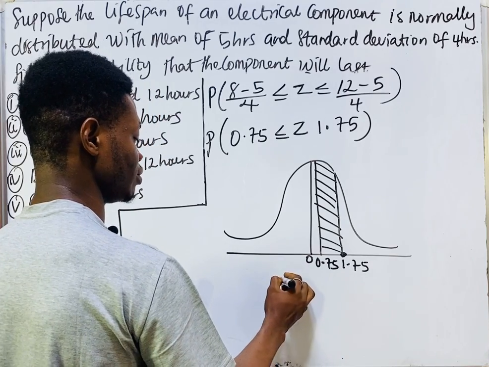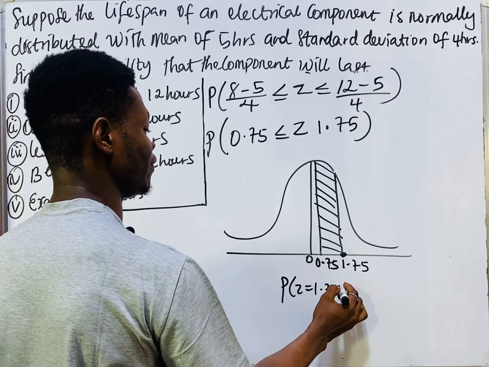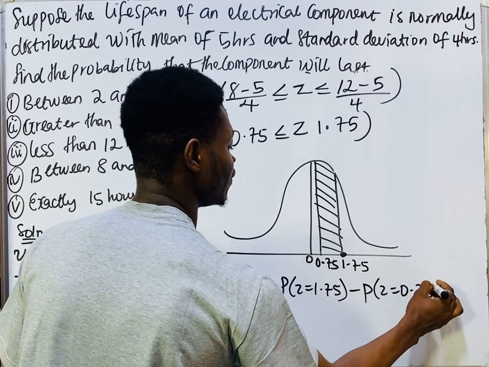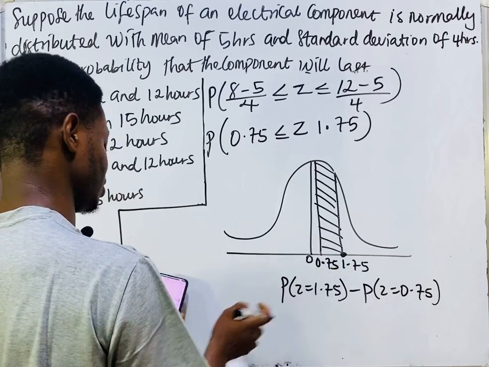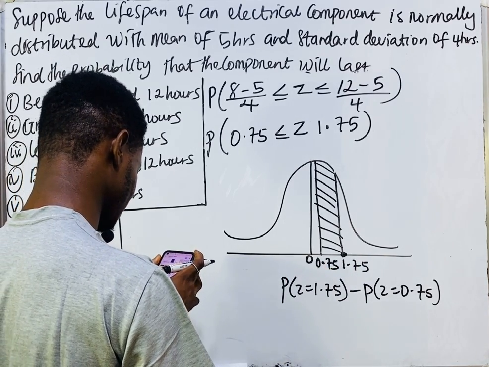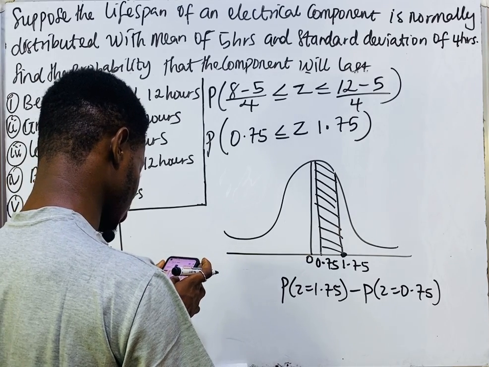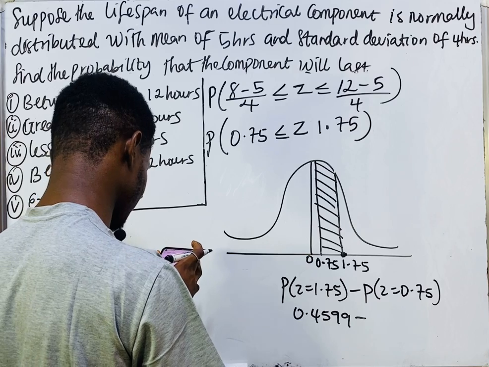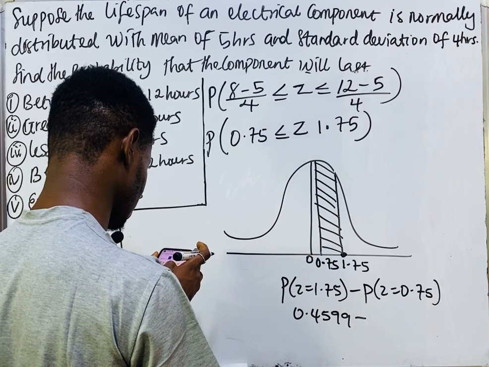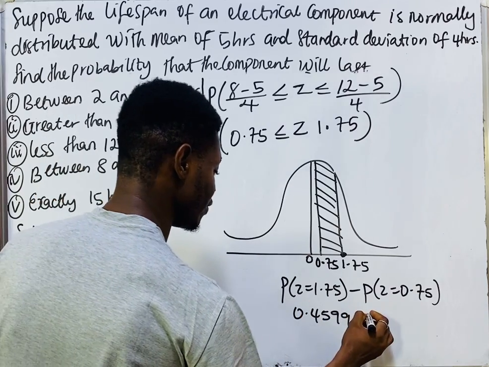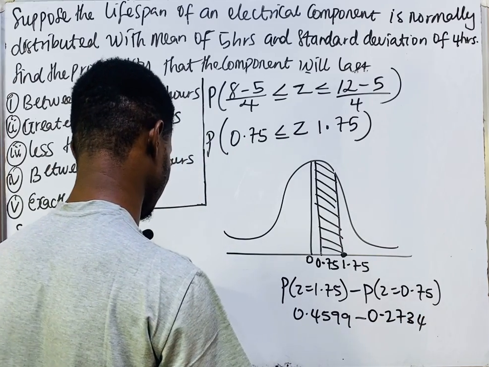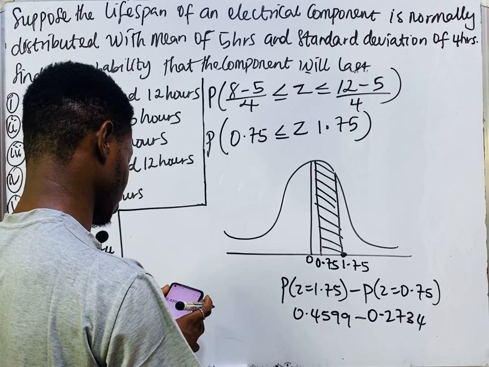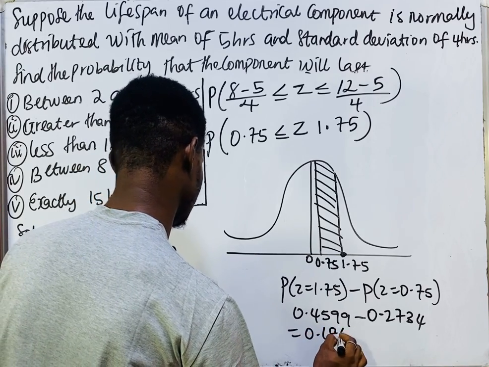So what are we going to do? It's very simple. It will be P of Z equals 1.75 minus P of Z equals 0.75. So for 1.75, 1.7 under 5 is 0.4599, minus 0.7 under 5, which is 0.2734. So we subtract 0.4599 minus 0.2734, which gives us 0.1865.